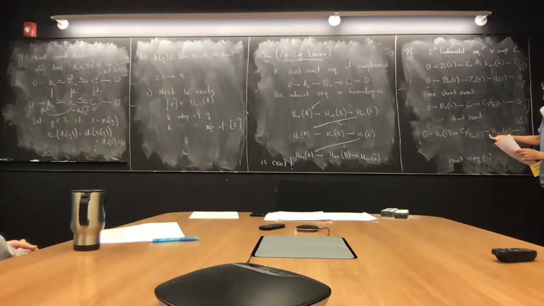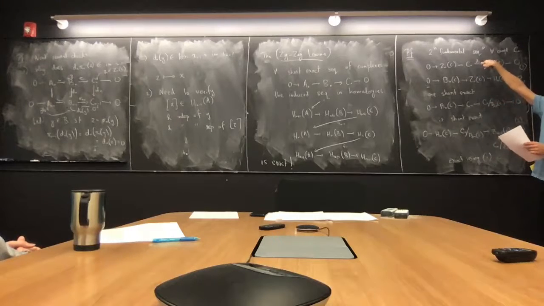This is still going to be surjective because if every object here has a preimage here in Cn, then every object here has a preimage in this quotient. This is injective because you've just quotiented both sides by Bn(C).